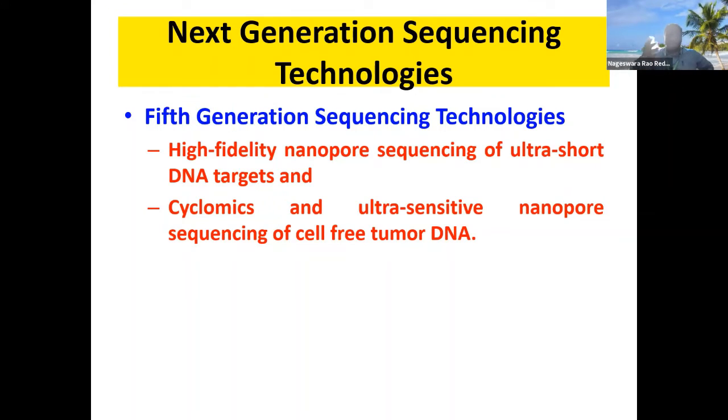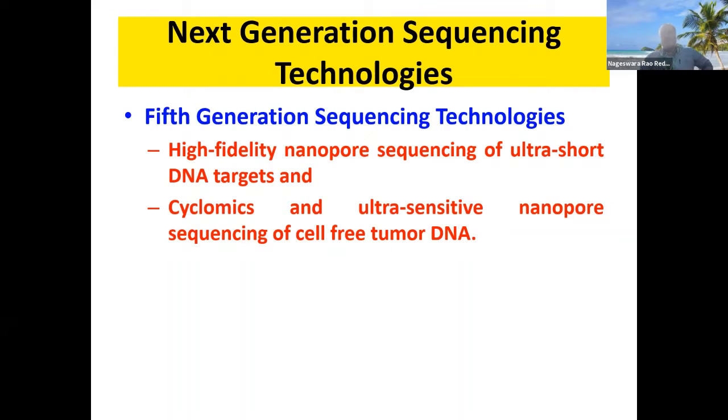The second method, Cyclomics, ultra-sensitive nanosequencing, is used to sequence cell-free tumor DNA. With this technology, people started understanding transcriptomics, or started venturing into transcriptomic profiling.